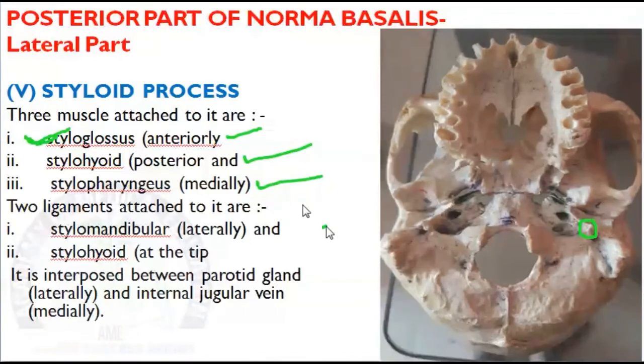The 2 ligaments are the stylomandibular ligament, present laterally, and the stylohyoid ligament, present at the tip between the parotid gland laterally and the internal jugular vein medially.